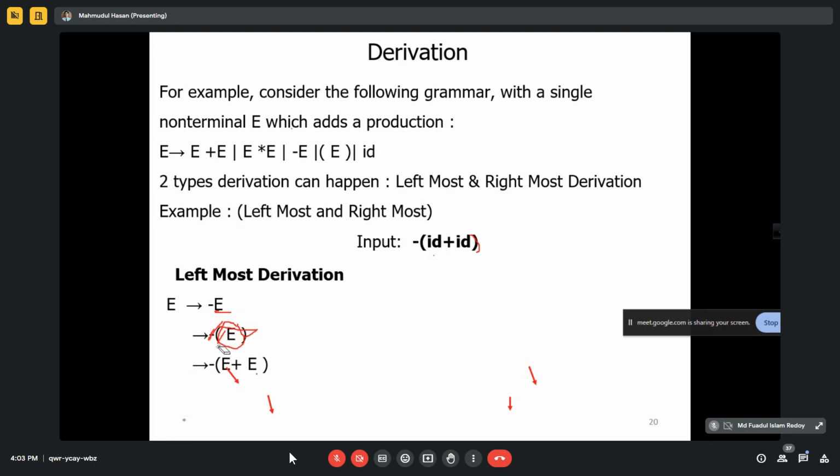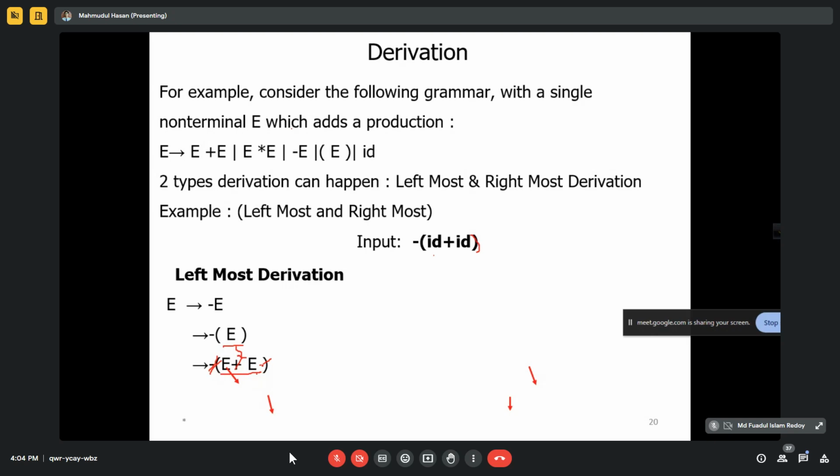So you replace this E with E plus E. Here this one is non-terminal, and the others are terminal. But you have two non-terminals, E and E. So here there is more than one non-terminal, and you need to choose which one to replace first.